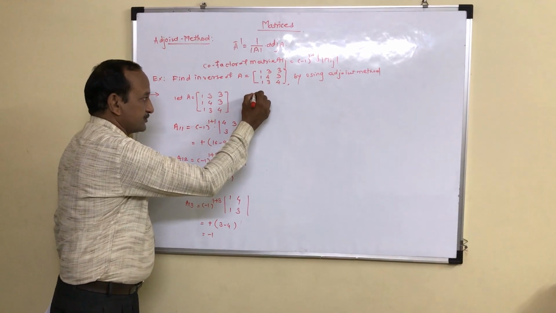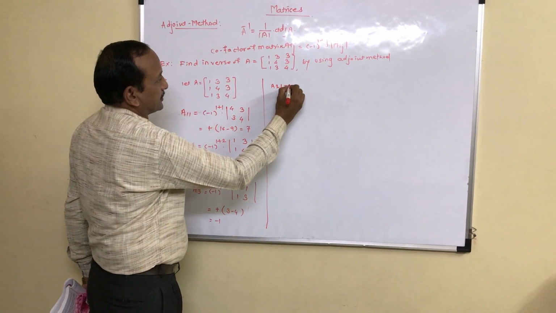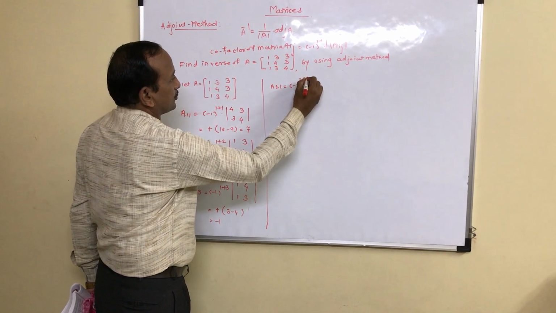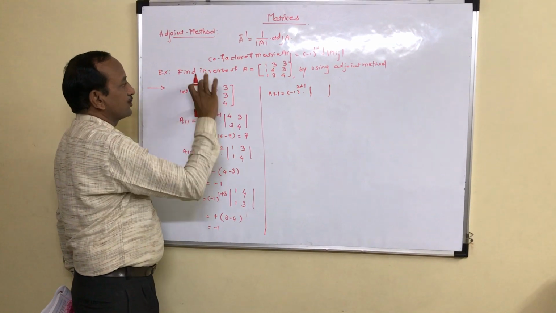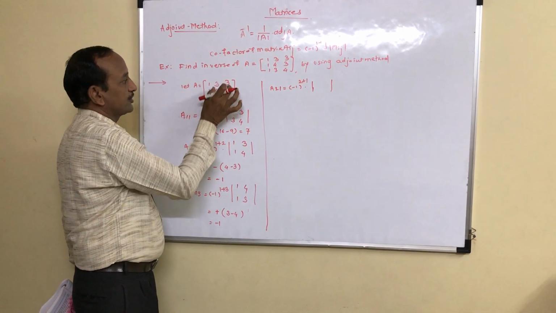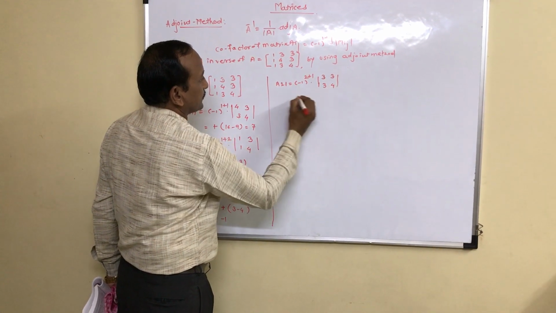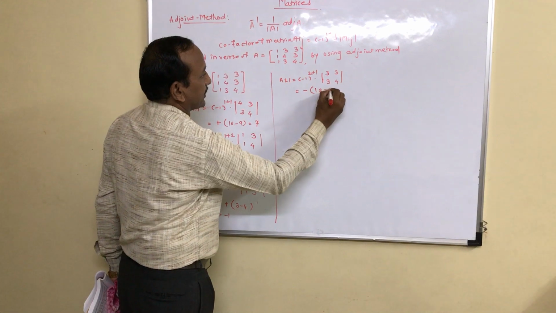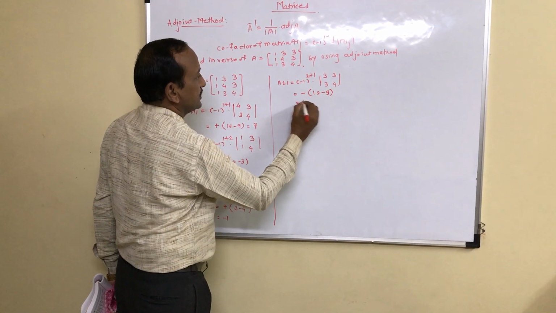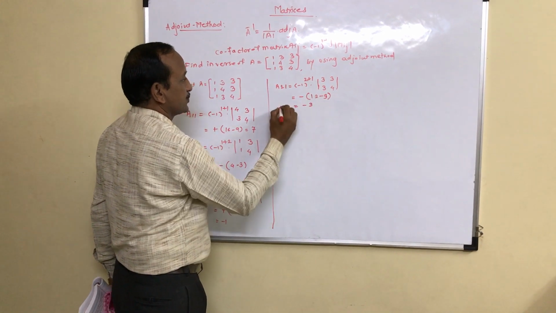Now find A21, which is minus 1 raised to power 2 plus 1 into minor, delete second row first column, minor is 3 3 3 4, minus into bracket 12 minus 9, which is minus 3.